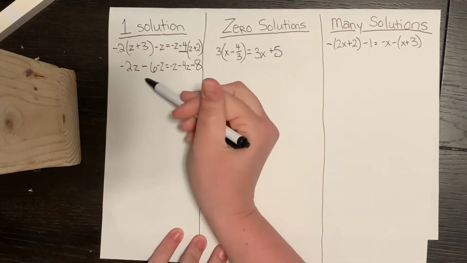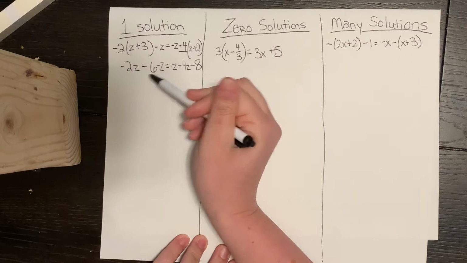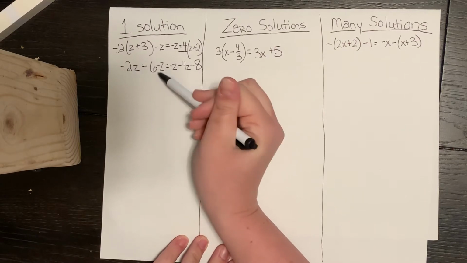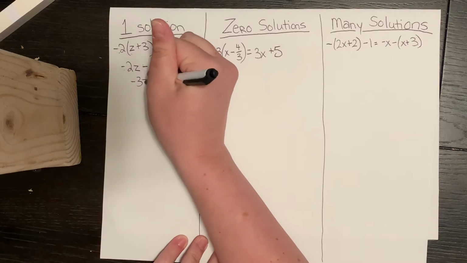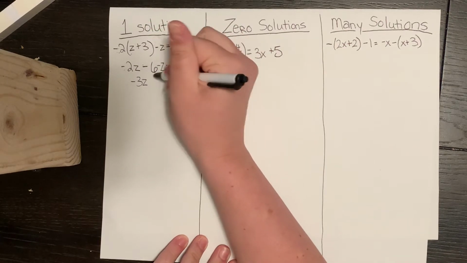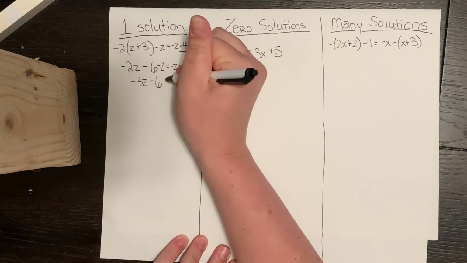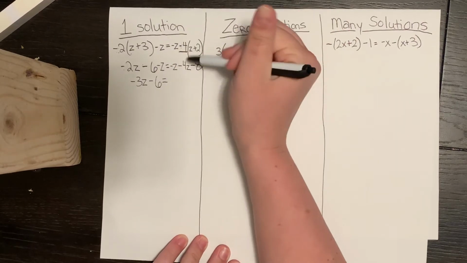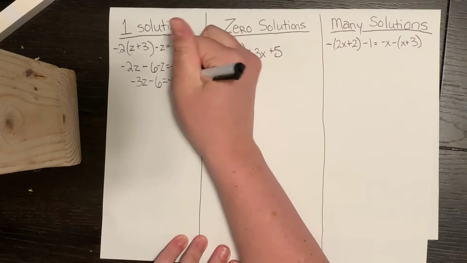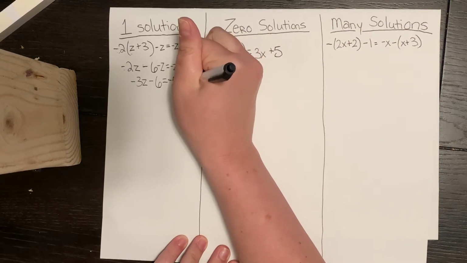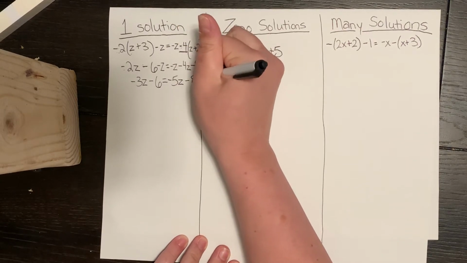So then I'm going to go ahead and combine like terms. I have negative 2z, negative z, so that's negative 3z minus 6 equals, like terms here, negative z, negative 4z is negative 5z minus 8.